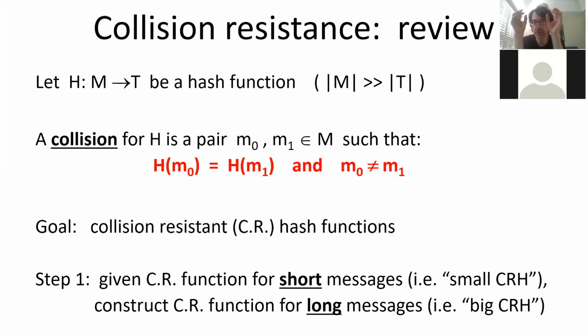Of course, its input must be longer than its output, or otherwise it's trivial. An identity function is collision resistant, right? So let's say that it hashes 160-bit strings, and its inputs are 320-bit strings. And I'll show you how to compile this into a general hash that can take arbitrarily long messages. And then of course we'll see how to build this small guy.